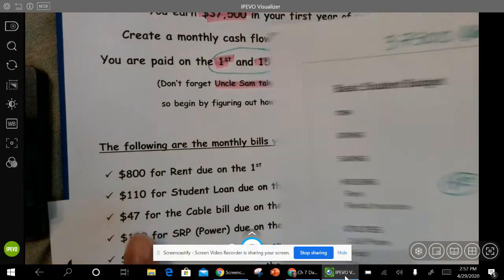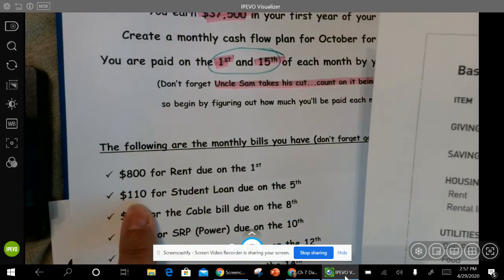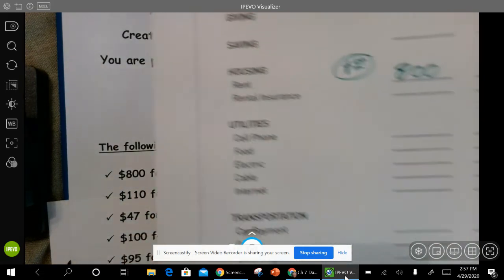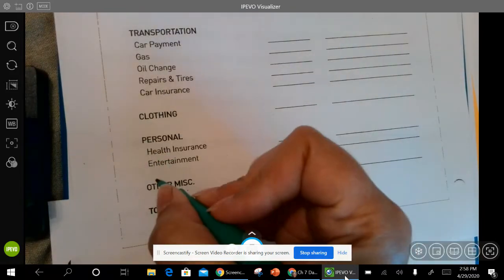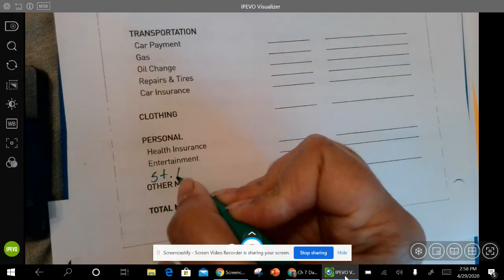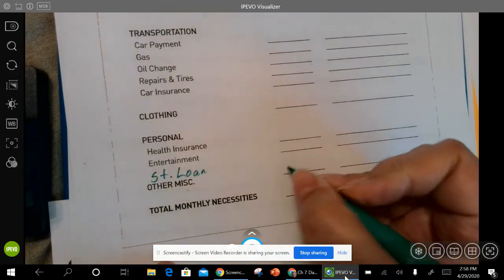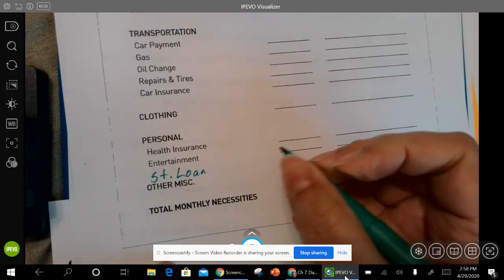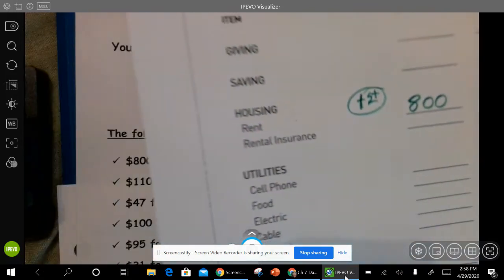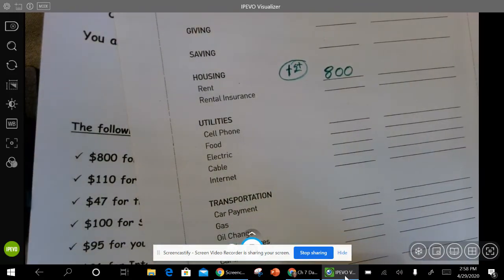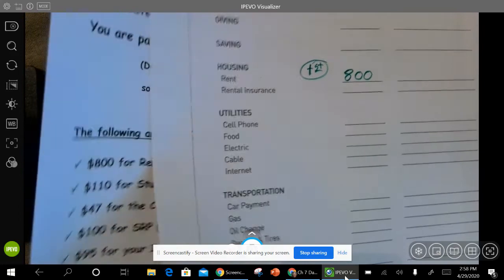Then $110 is due for student loans. We're going to put that down here under miscellaneous. So $110, that's on the first paycheck as well.